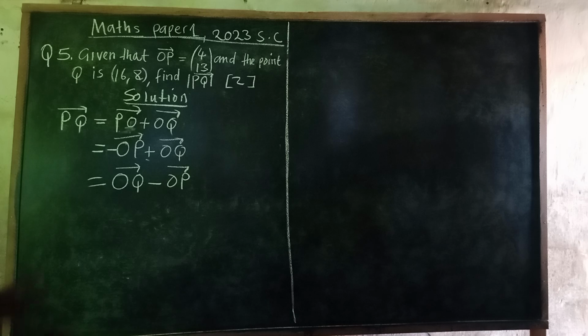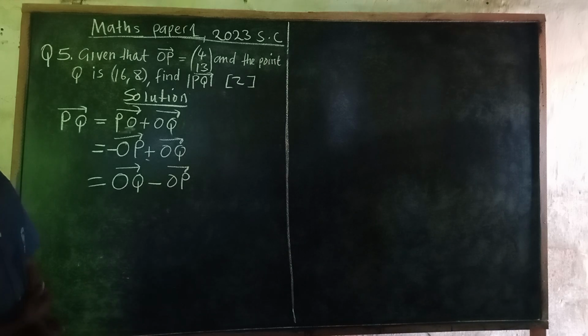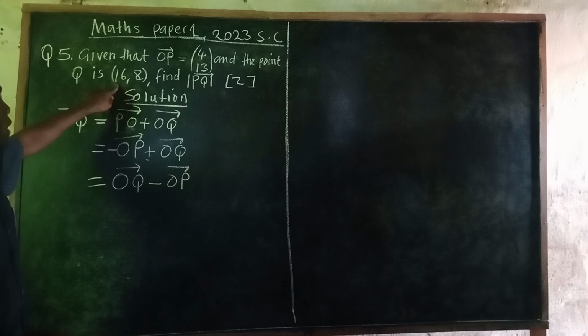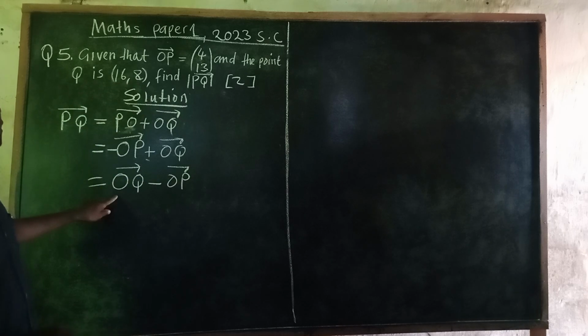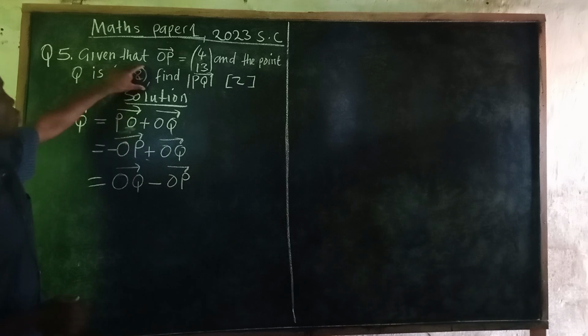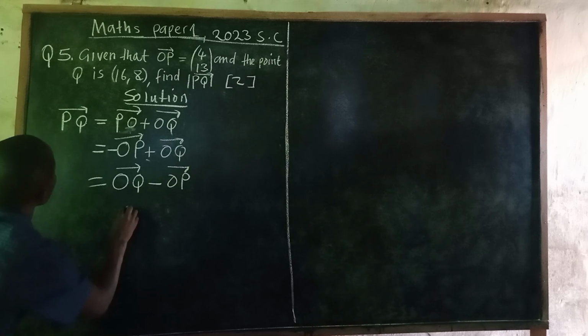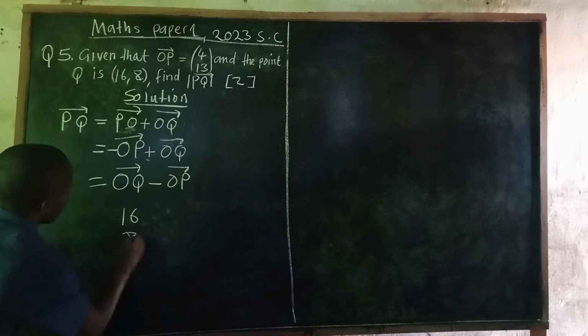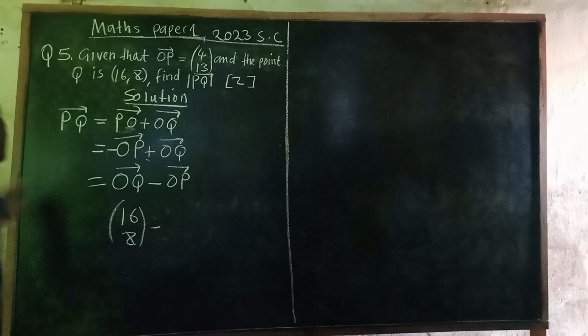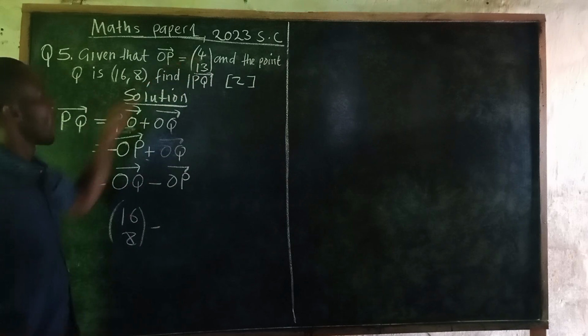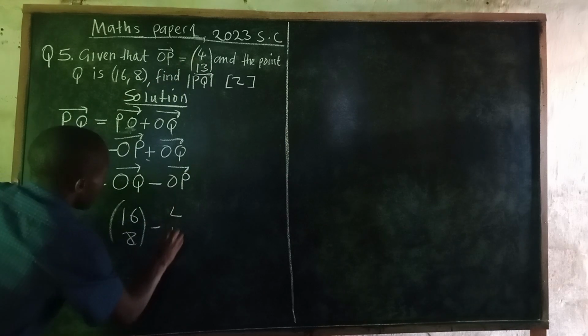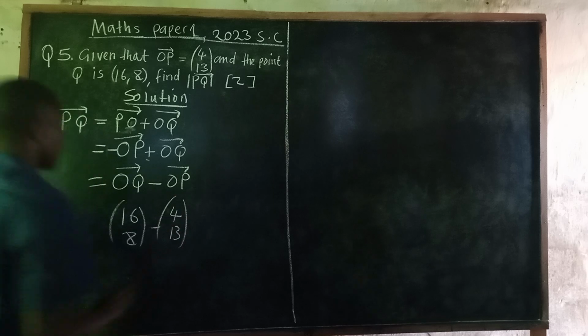Now from there, we can substitute the numbers that we have. Remember OQ, Q we are given, Q is (16, 8). In this case, we are going to write this in vector form, whereby we say (16, 8), minus OP, which we are given, (4, 13).